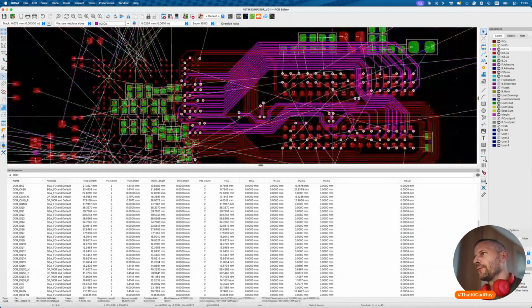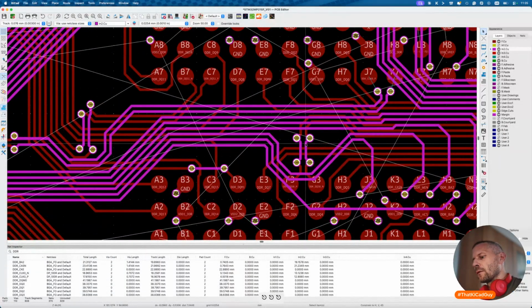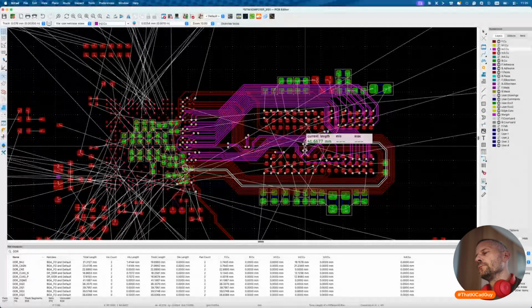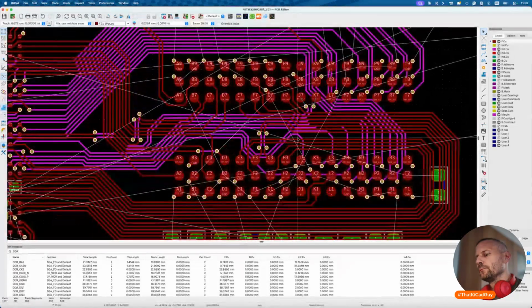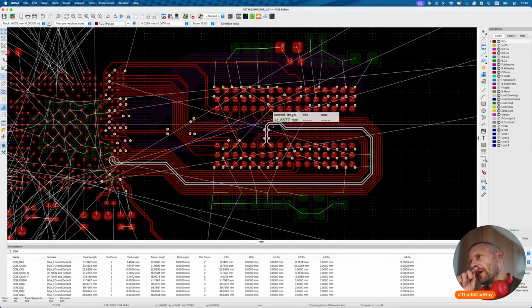The DQS. Probably not so much, and probably we will make it even longer because of the length matching.